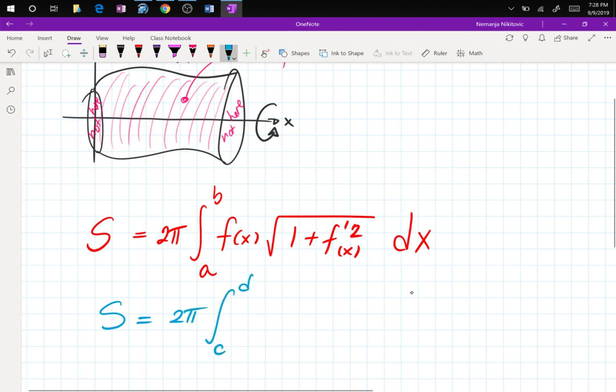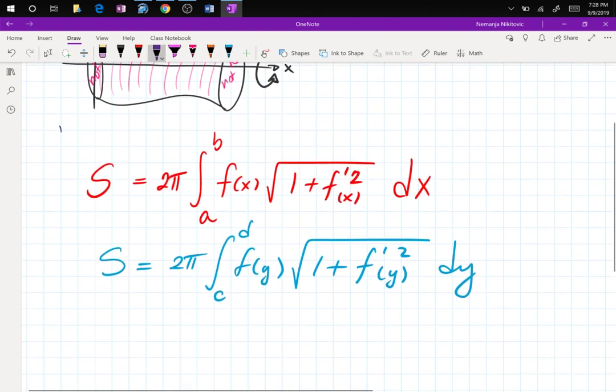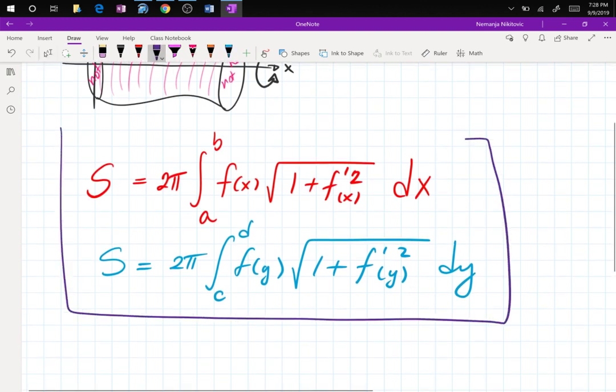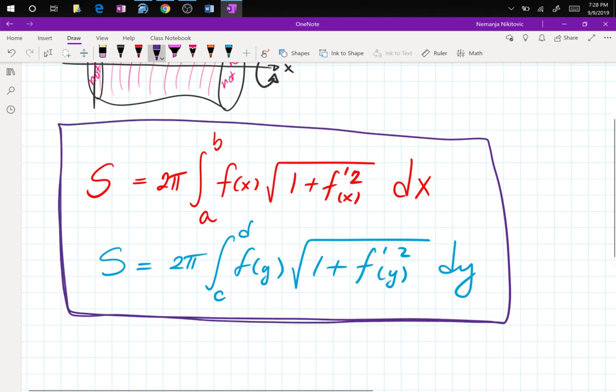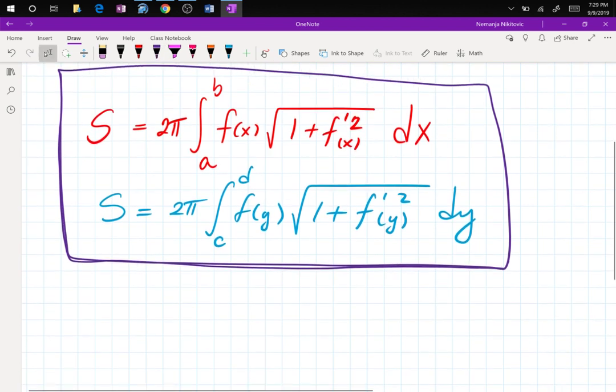So that's the integral c to d of f of y, square root of 1 plus f prime squared of y dy. So this is formula number 6 from the beginning of the semester. Remember, your job is to remember these formulas. Your first exam is only those formulas, and then Calc 1 integration if you are able to do that.